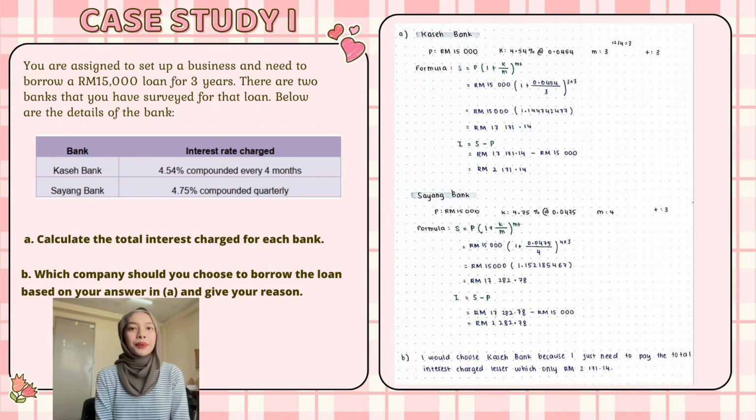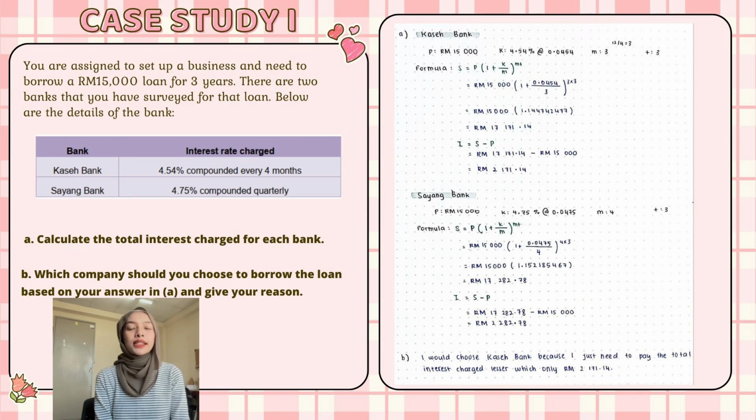For Siam Bank, we could say that P is 15,000 ringgit, k over m is 0.0475 divided by 4, mt is 4 times 3, and the answer is 17,282 ringgit 78 cents. So, we need to use the interest charge formula, which is I equal to S minus P. Insert the total that we calculated earlier, which is 17,282 ringgit 78 cents minus 15,000 ringgit.